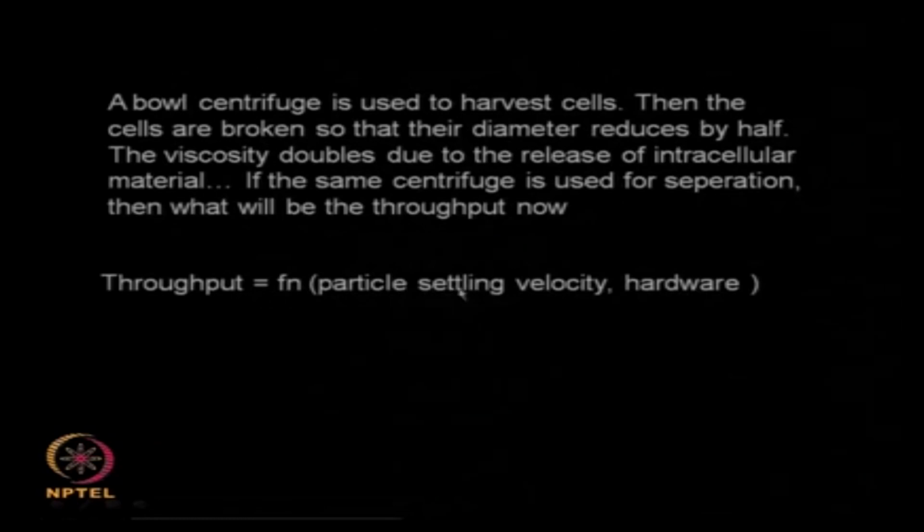Nothing is happening to the hardware, I am maintaining the same RPM and using the same centrifuge, so only the terminal settling velocity term changes. Throughput is a function of particle settling velocity and hardware, and I am only changing the settling velocity because the particle size has become half and the viscosity has doubled.